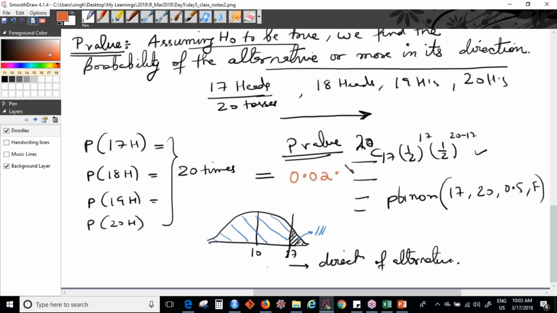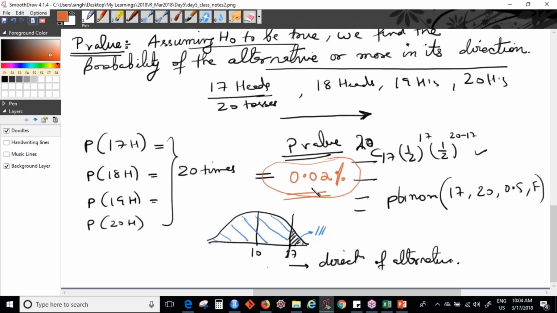And we expected this, right? Of course, the probability of getting 17 heads when you toss a coin 20 times is very small. This never happens. It is almost impossible. So the probability of getting 17 or more heads if you toss a coin 20 times is 0.02%.